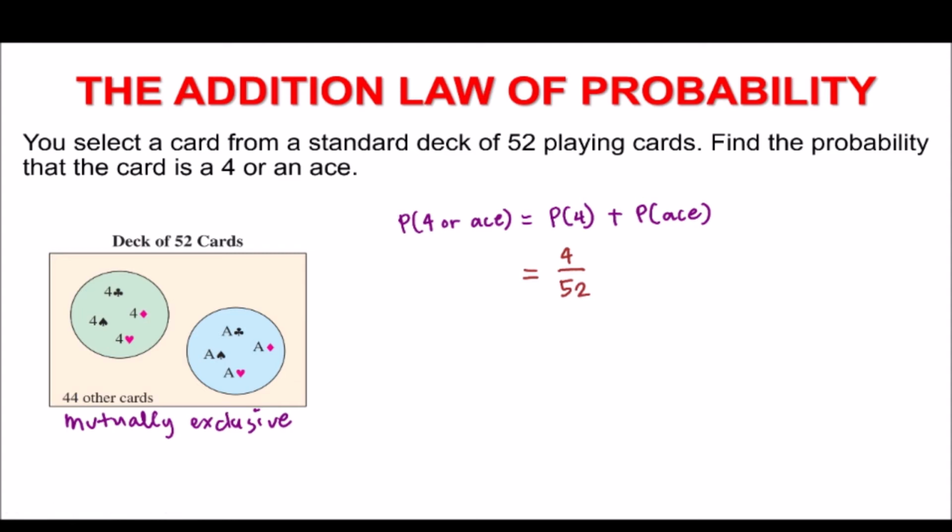And we have 4 aces in a standard deck of 52 playing cards, so the probability of getting an ace is also 4 over 52. Adding them together gives you 8 over 52, and simplifying the fraction, 8 over 52 is 2 over 13. So the probability of getting a 4 or an ace is 2 over 13.